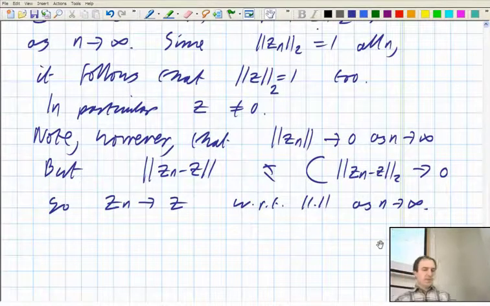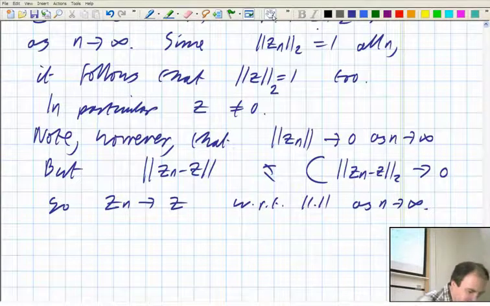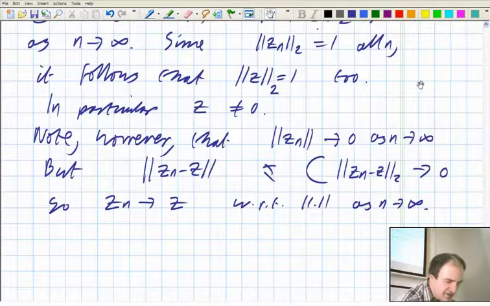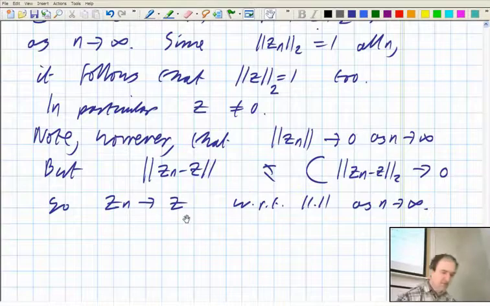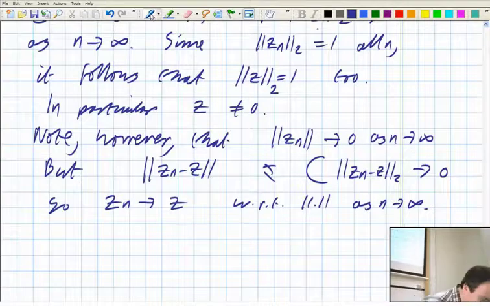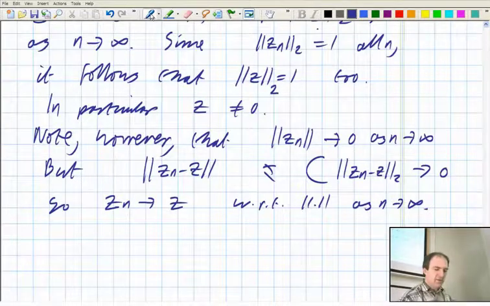Because the norm of Zn minus Z is less than or equal to this constant times a sequence tending to 0. So what's our problem? Zn is tending to 0, and Zn is tending to Z, but Z is not 0, both with respect to the norm. So this is impossible.